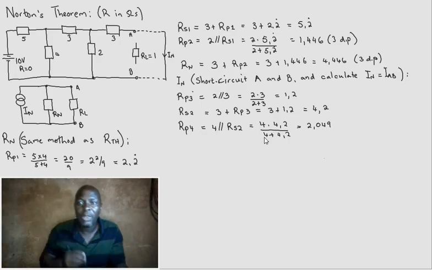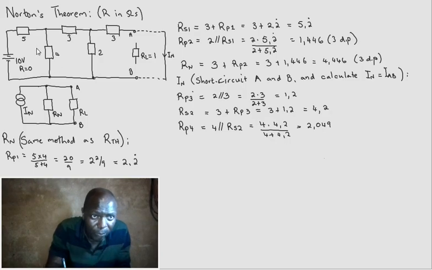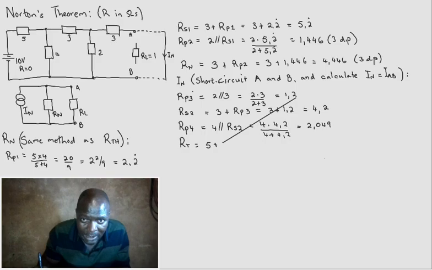Now, once we've got 4 and that, this gives us one value. That value is in series with the 5 ohm. So there is the 5 ohm. This is now R parallel 4. So our R total in this case is going to be equal to the 5 in series with R parallel 4.